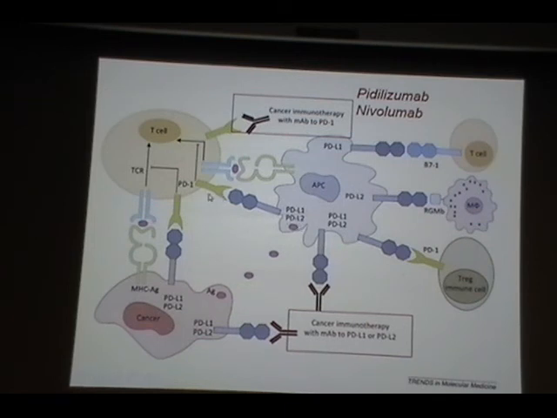So the interaction of PD-1, the receptor, and PD-L1, the ligand, will activate the receptor. Activation of this receptor will inhibit activation of T cells through the T cell receptor, TCR, and induce exhaustion of those T cells, so they are unable to attack cancer cells.